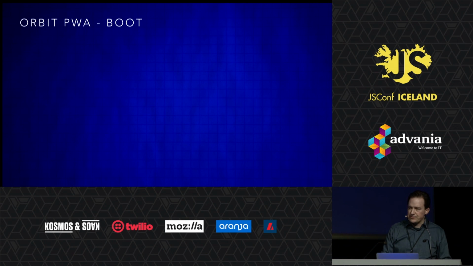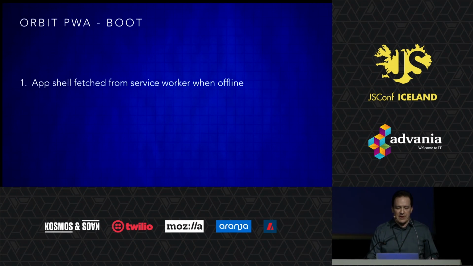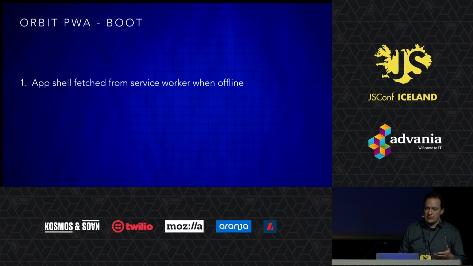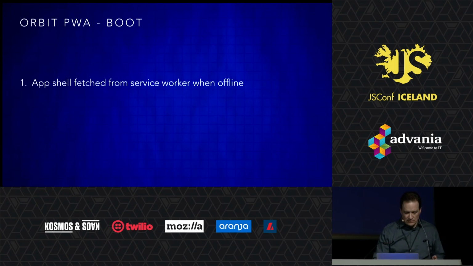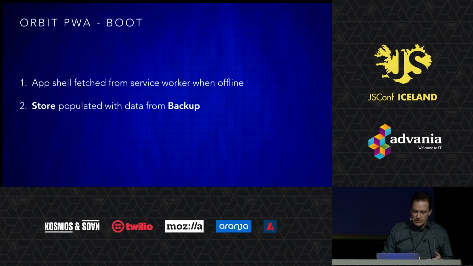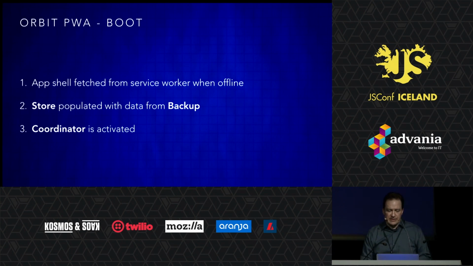And then the process for booting an Orbit PWA: the app shell is fetched from the service worker when offline. The store is populated with data from backup, like the example I showed earlier. And then the coordinator is activated, and all the strategies are activated along with it, so Orbit can keep monitoring things.